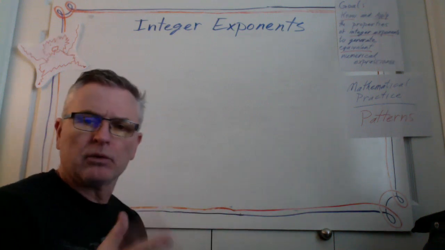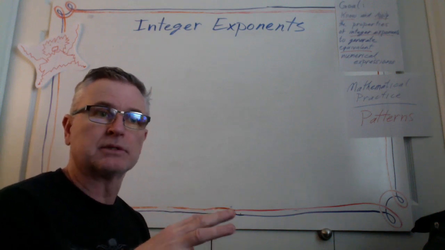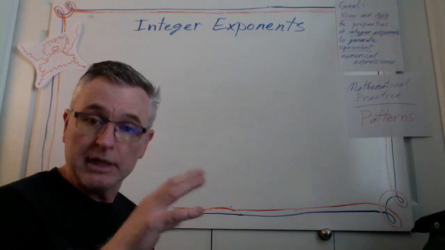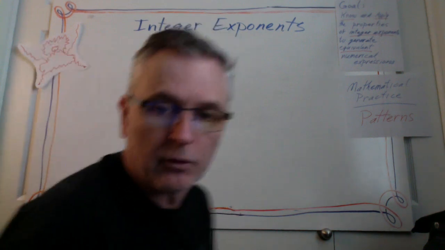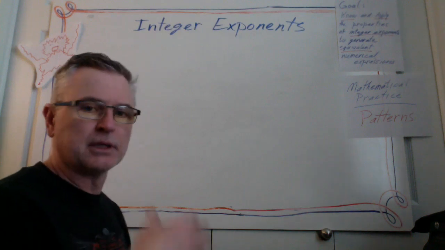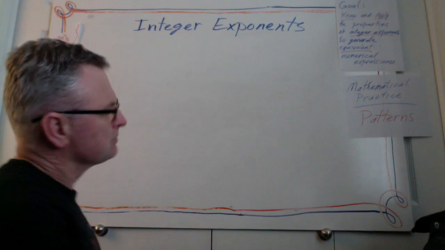Well, in order to do that, you need to understand what's going on with exponents of integers before we get into the other rational exponents, which would be decimals or fractions.